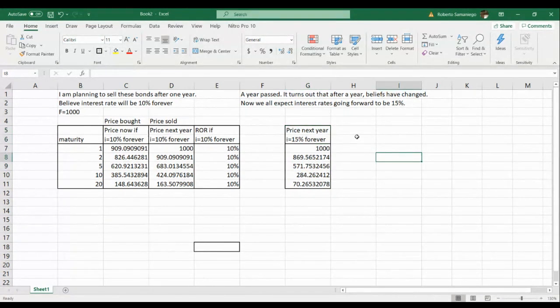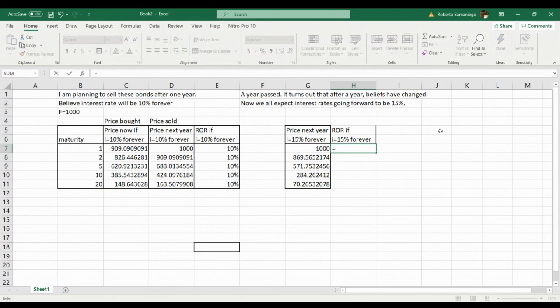The next thing to do, finally, is compute the rate of return, if the interest rate is 15% forever. And again, how do we do that? It's the price sold minus the price at which I bought the thing, divided by the price at which I bought it.